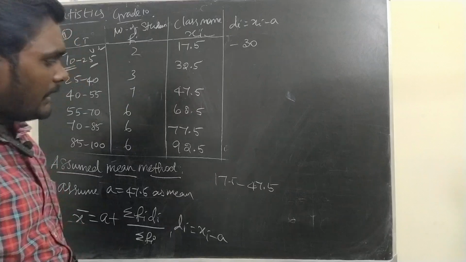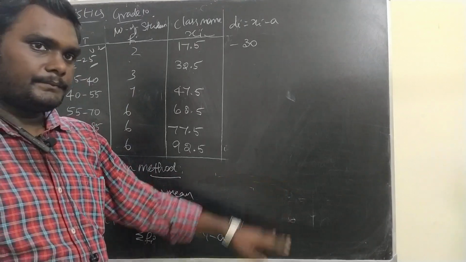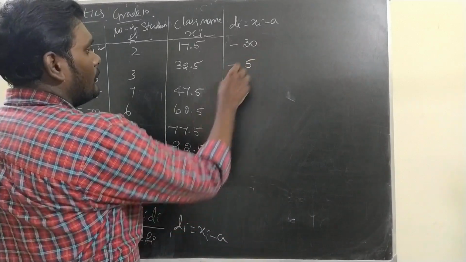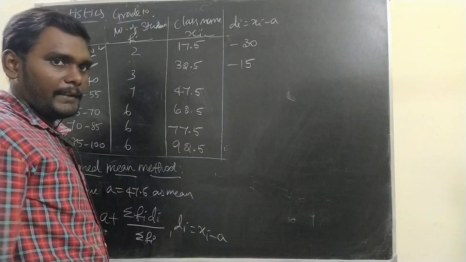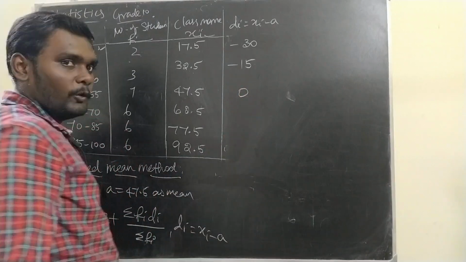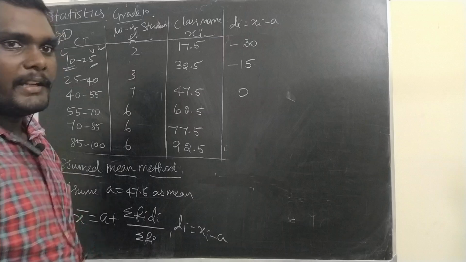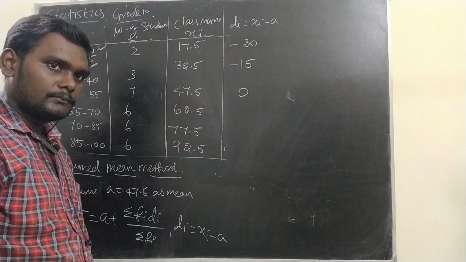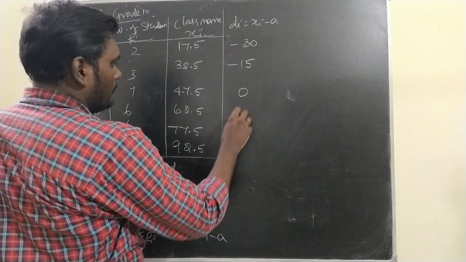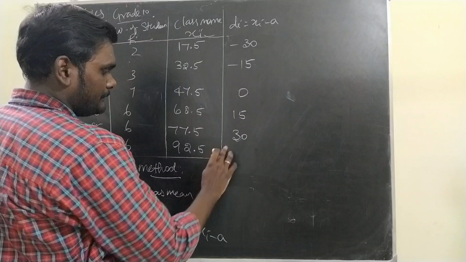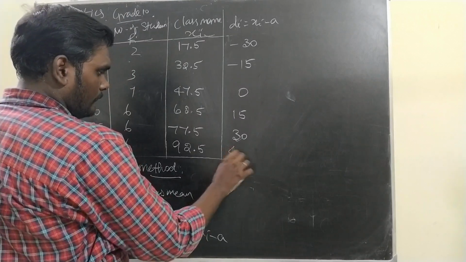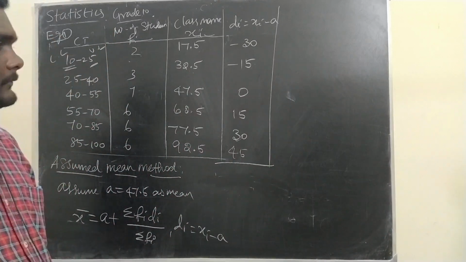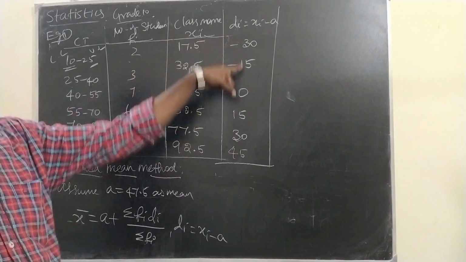Here 32.5 minus 47.5, minus 15. 47.5 minus 47.5, 0. 62.5 minus 47.5, plus 15. Plus 15 and then 30 here. 45. Now see, these big numbers have been reduced into small things.